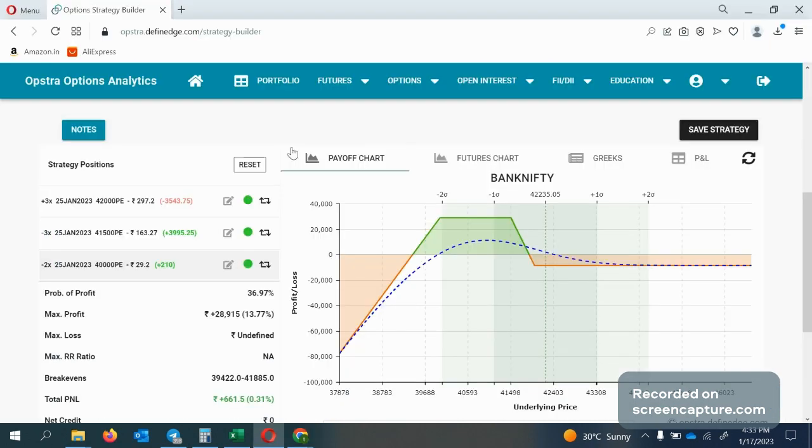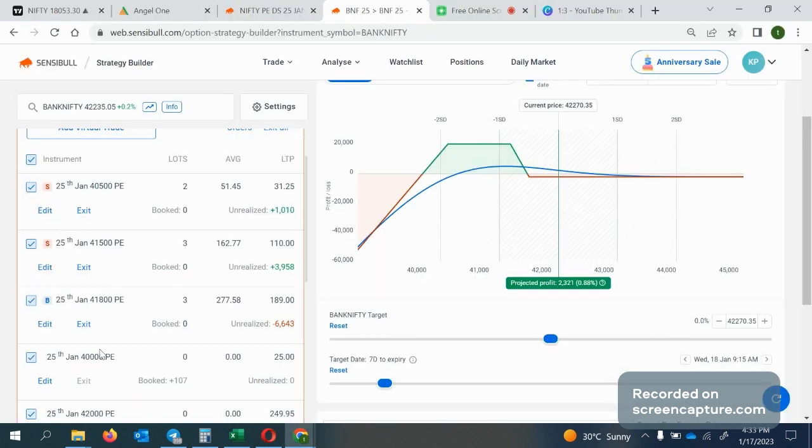Initially, I closed 42,000 PE, and then I went for 41,800. Now I've closed this 40,000 PE. The extra two sold positions I had, I've squared off, and then I went for 40,500 PE for two lots.